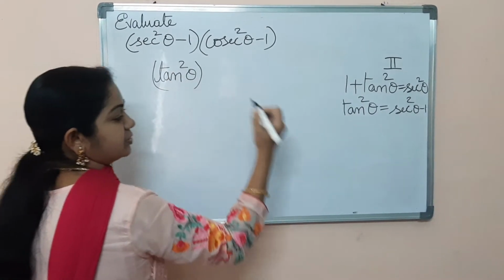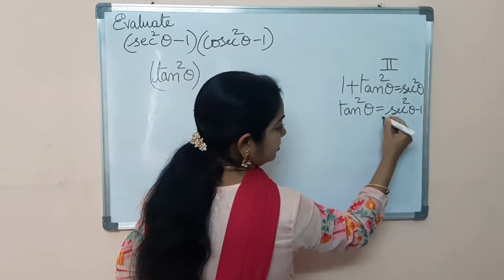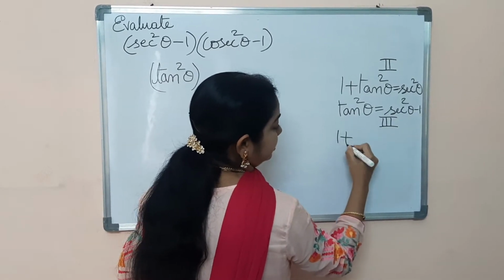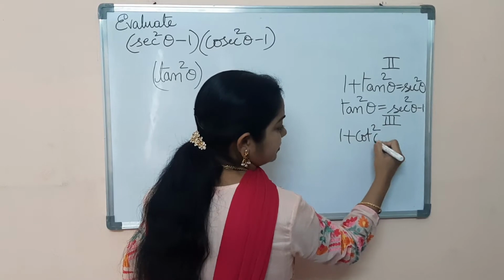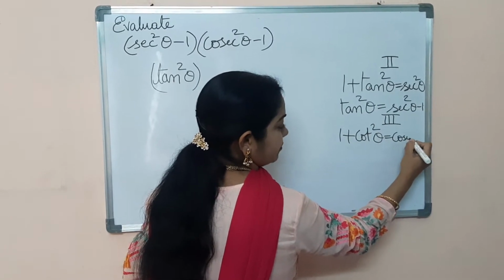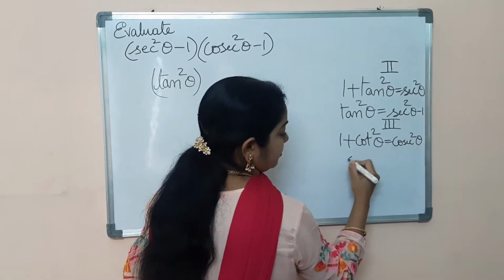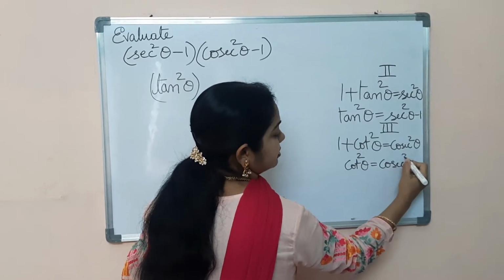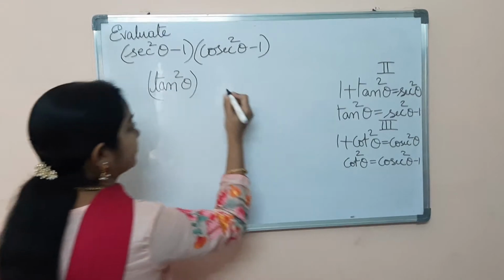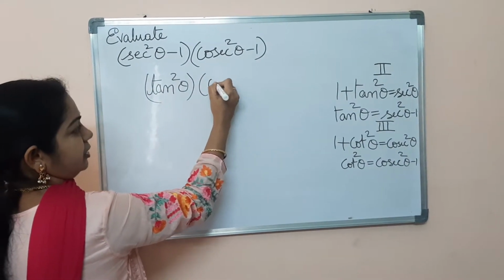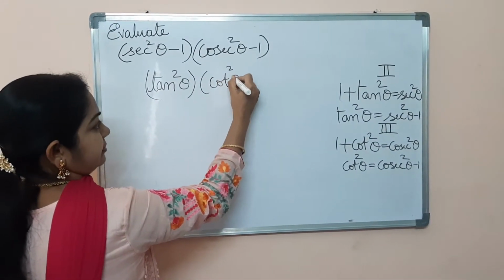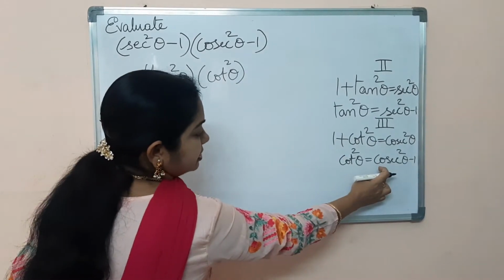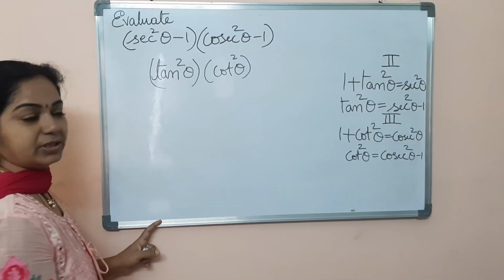Same for the cosecant square: we will take the third identity involving cosecant square. So cot square theta equal to cosecant square theta minus 1. I am substituting cot square theta in its place.